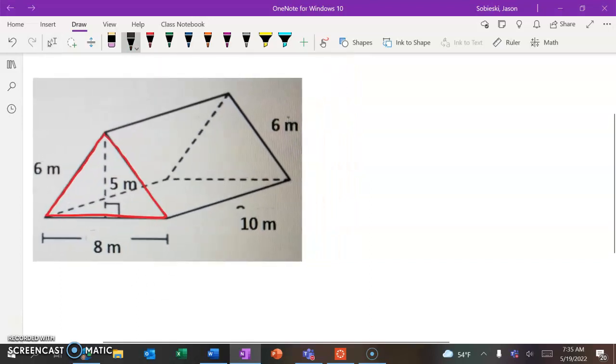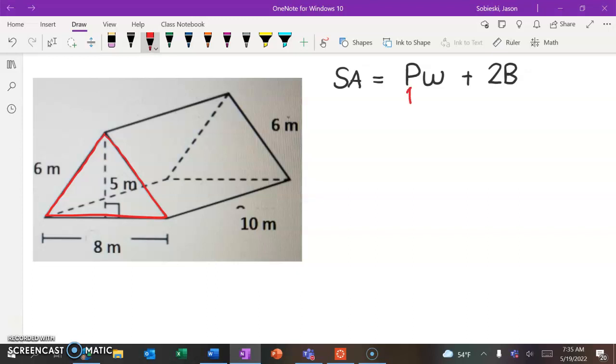So the first thing we're going to do is just jot down our formula. To get the surface area of a triangular prism, you are going to do P times W plus 2 times B, where P is the perimeter of the triangle that I outlined in red at the beginning, and where B is the area of that triangle.